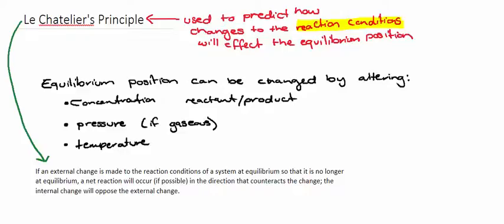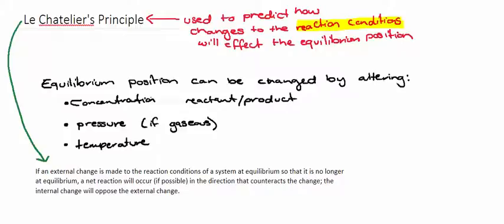Le Chatelier's principle states if an external change is made to the reaction conditions of a system at equilibrium so that it is no longer at equilibrium, a net reaction will occur in the direction that counteracts the change. The internal change will oppose the external change.